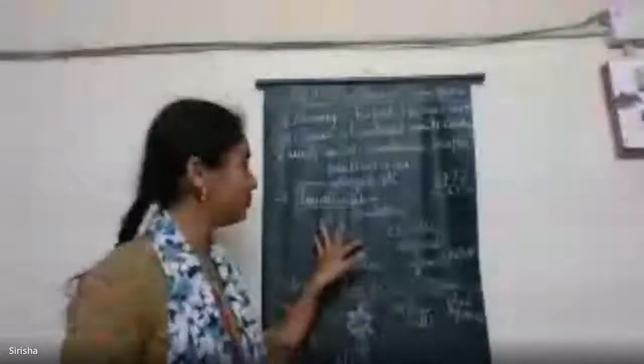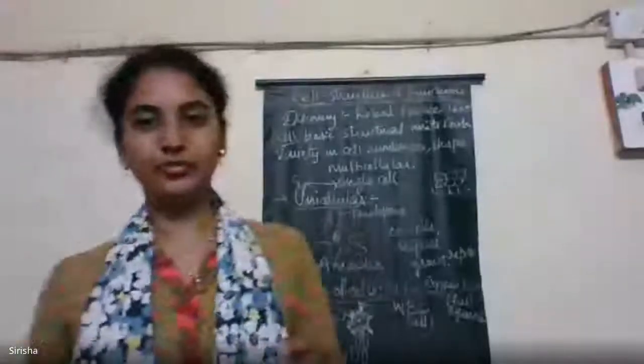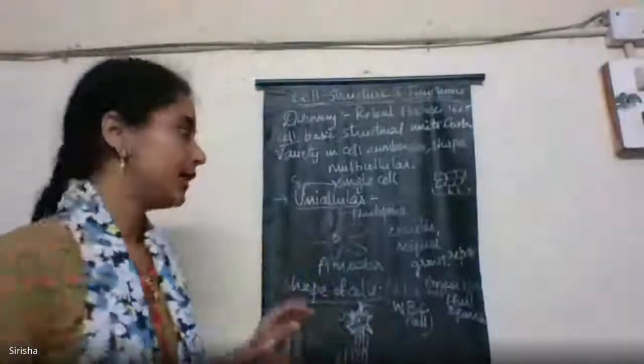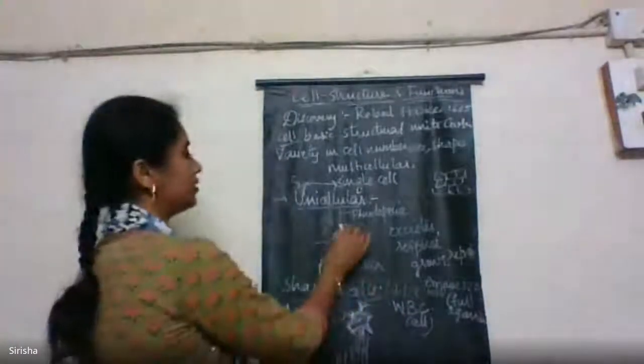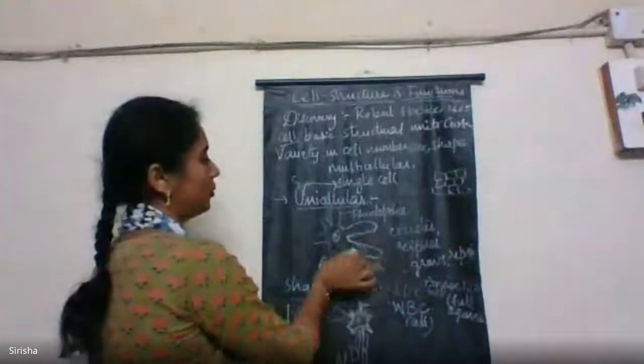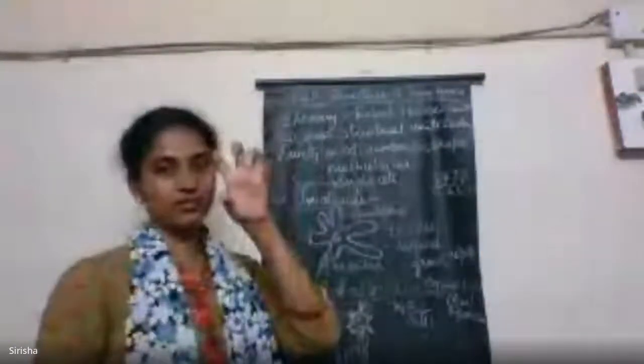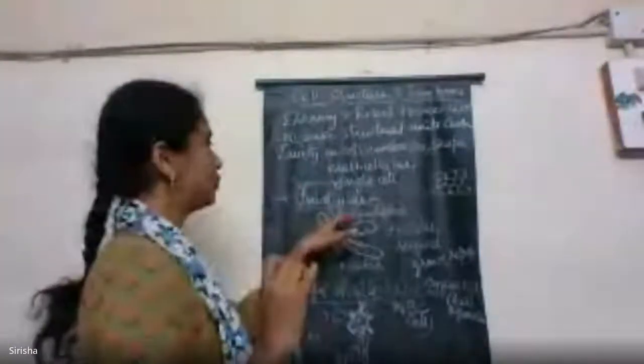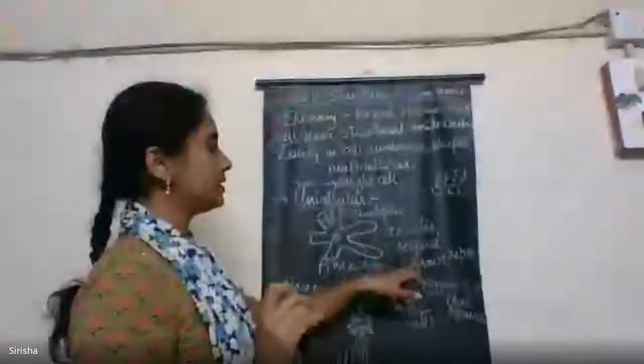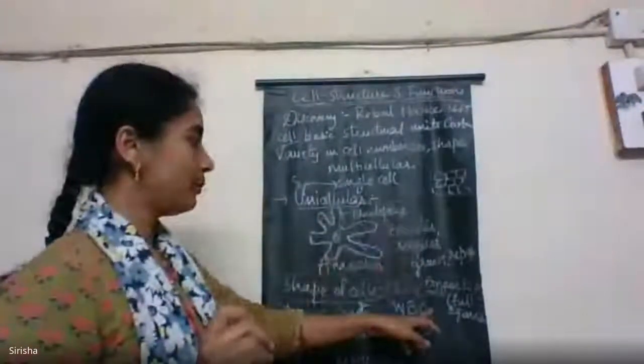The best example is amoeba. You might have wondered how they take food. They have structures called pseudopodia. Pseudopodia means hand-like structures. Pseudo means false and podia means feet.